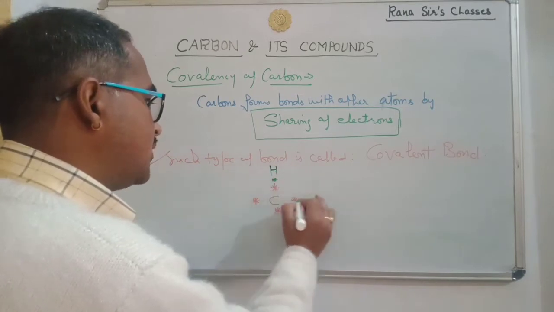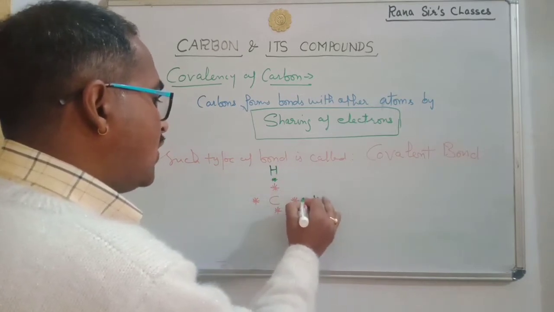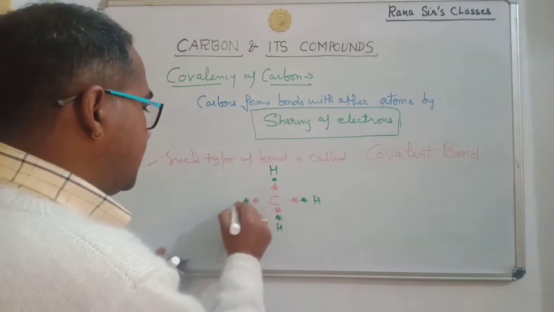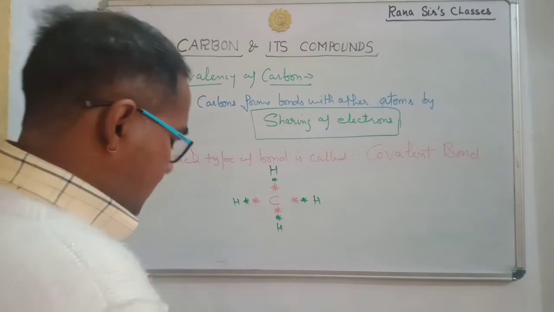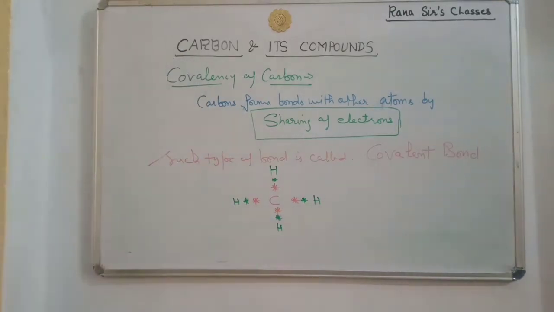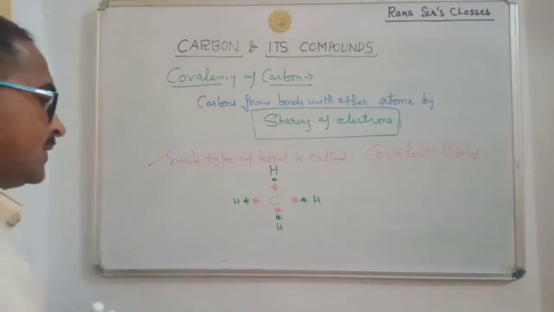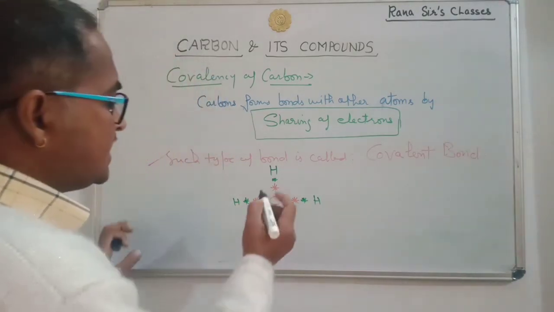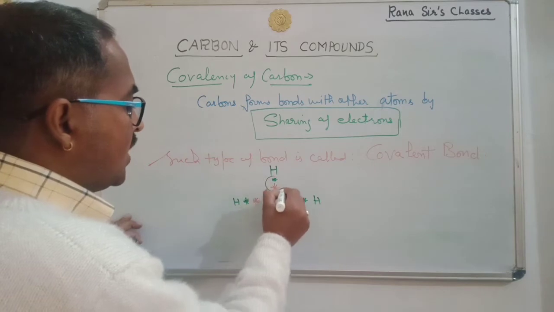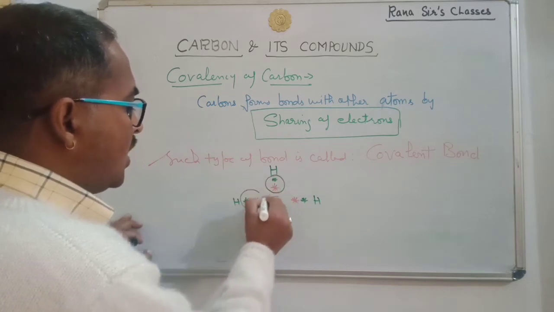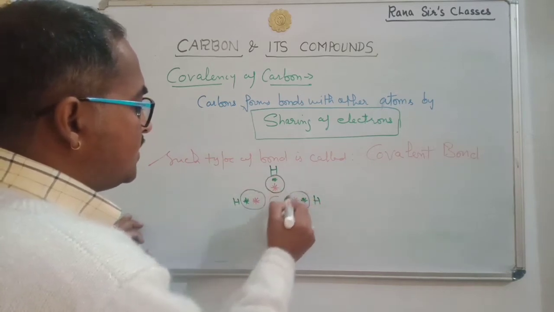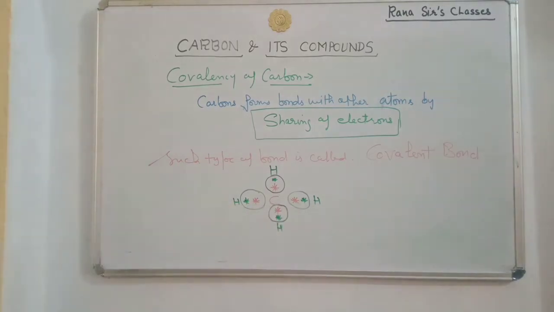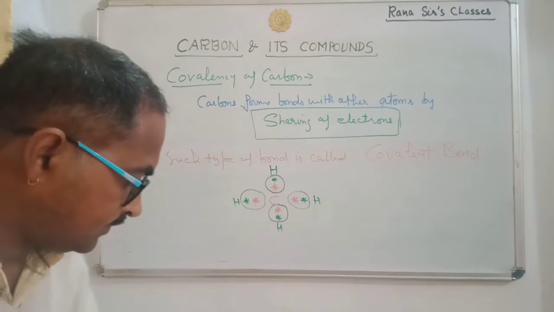So there will be requirement of 4 hydrogen atoms to fulfill the needs of 1 carbon atom. In this way they form the bonds, and this is a type of covalent bond which exists between carbon and hydrogen atoms in the methane molecule.